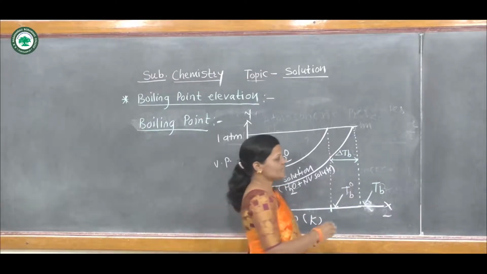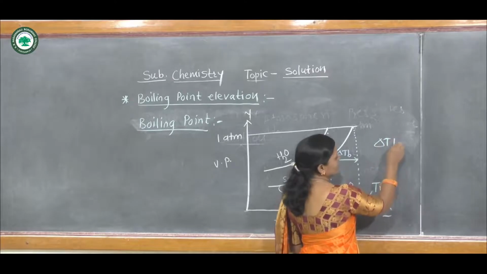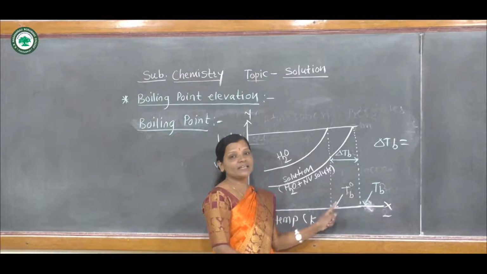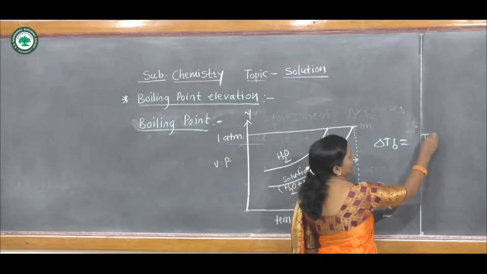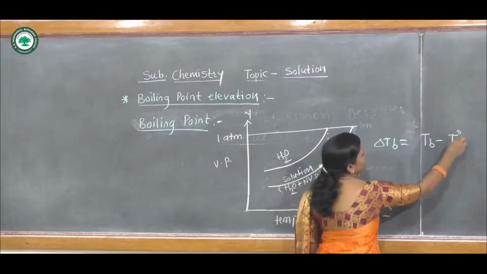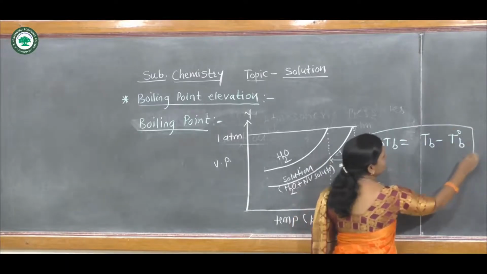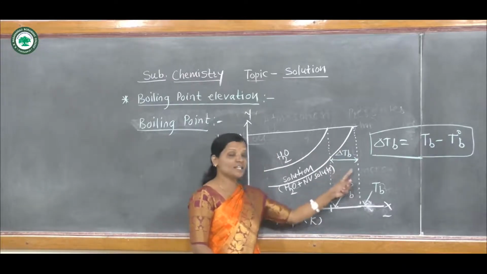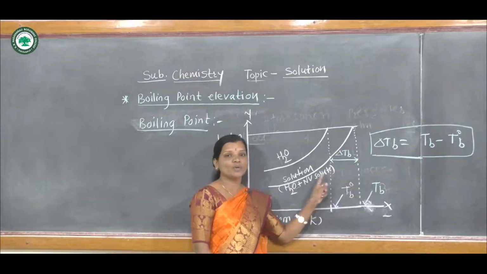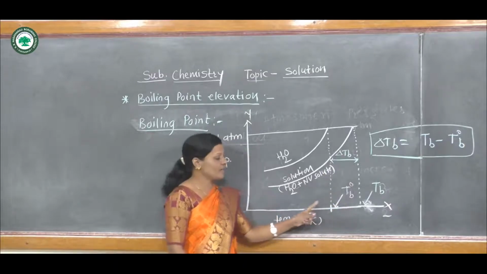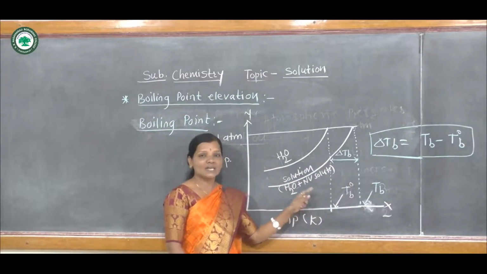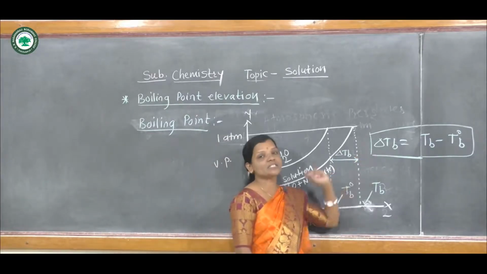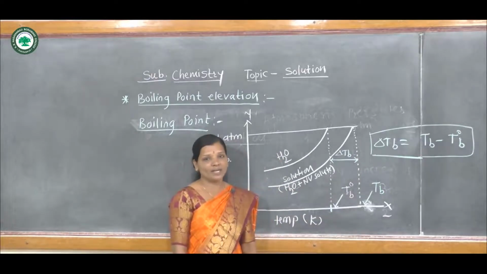This delta TB is given by TB minus T degree B. This equation indicates that the boiling point of the solution is increased due to the addition of non-volatile solute, and the boiling point of the solvent is always less than the boiling point of the solution. So this difference is called boiling point elevation.